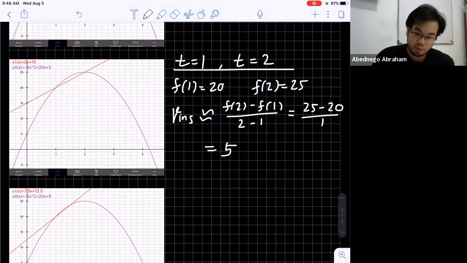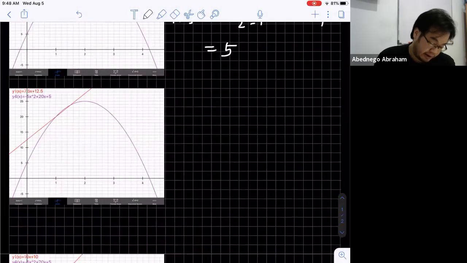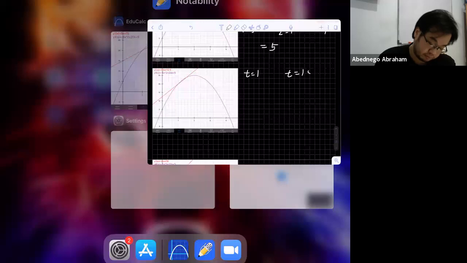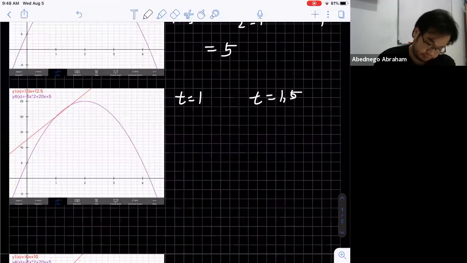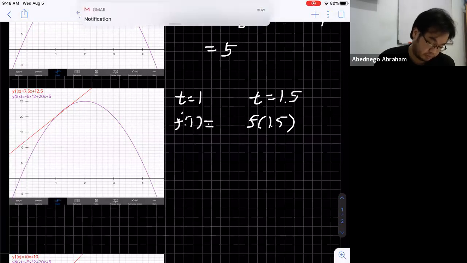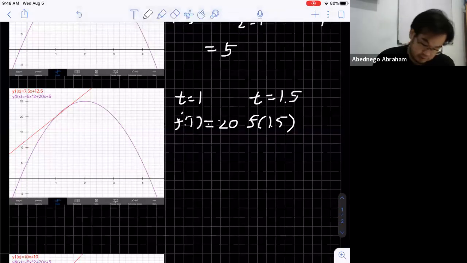Okay, and then we move on. We make the gap, the delta t, closer. Now I have t equals 1 and t equals 1.5. I have also calculated f(1) and f(1.5) for you, which are 20 and 23.75.